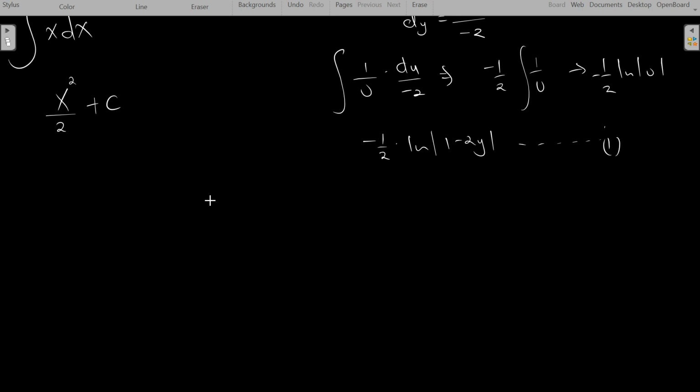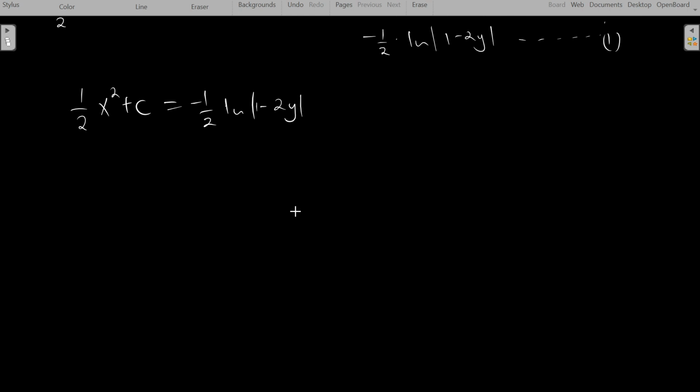So a half x squared plus a constant c should equal negative a half ln of 1 minus 2y.